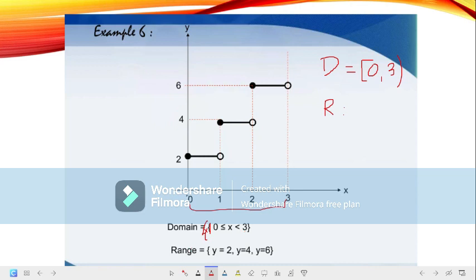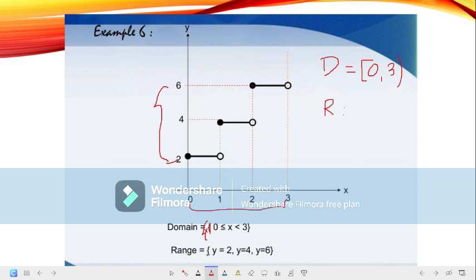For the range, we only have specific values. These are our range. However, only 2, 4, and 6, because the graph does not cross in between 2 to 4 and 4 to 6. So these are only specific integers.